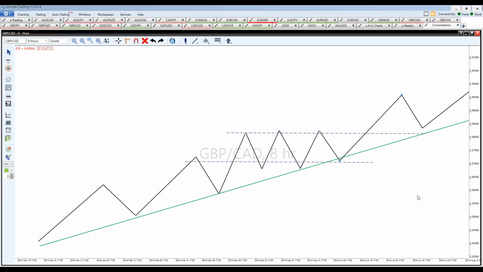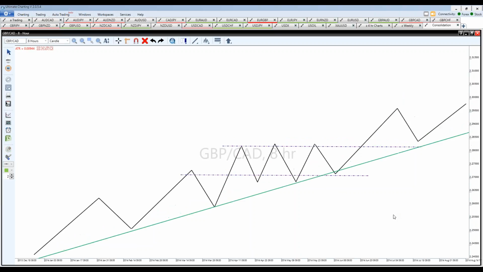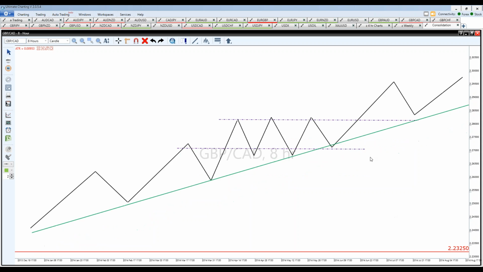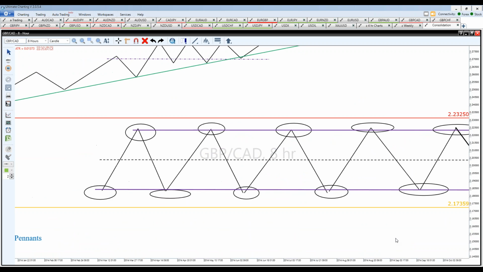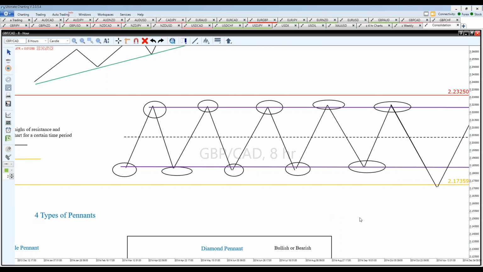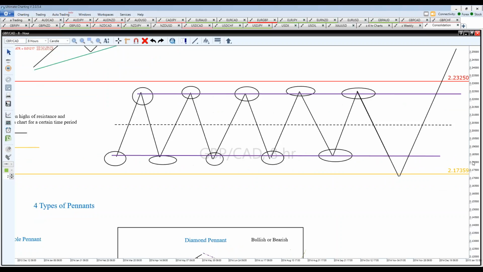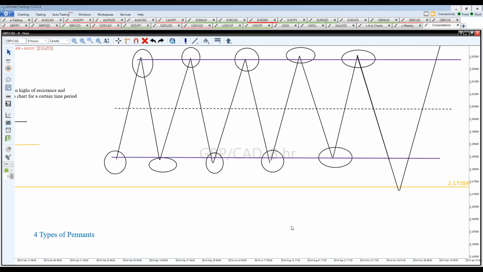Okay? Now, what can we as traders do with a breakout? We can trade it following the direction of the breakout.